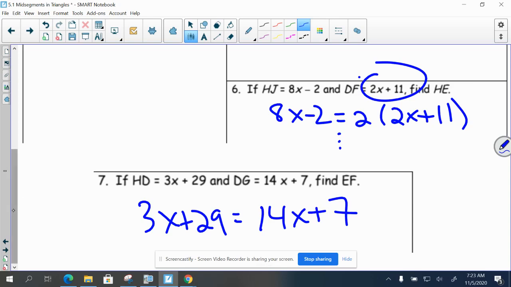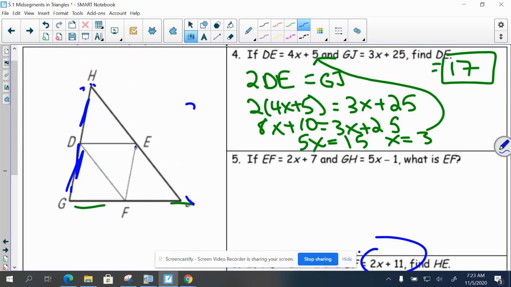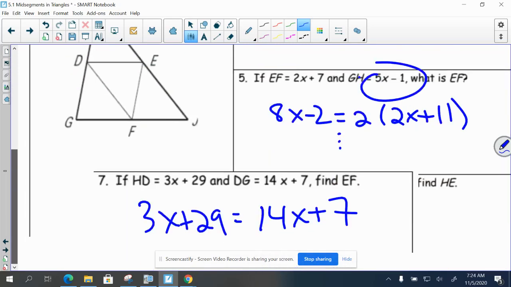And then it wants you to find EF. Well, EF would be that guy, and all three of those segments are congruent to each other. So to find EF, you just plug whatever you get for x back into either one of these, and you would get the answer. And once again, I'm not going to waste your time solving this simple algebra problem. I will let you do it on your own.